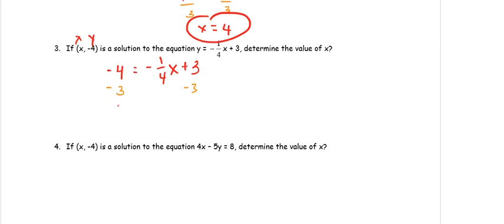So you're going to have negative 7 equals negative 1/4 x. That means you're multiplying by negative. Once again, we're at a place where you really haven't done multiplying positives and negatives, and it's okay if you don't get it.